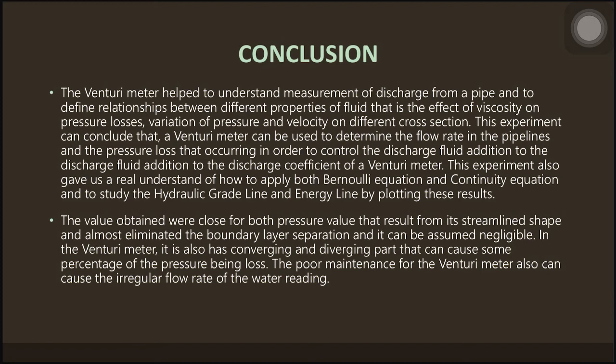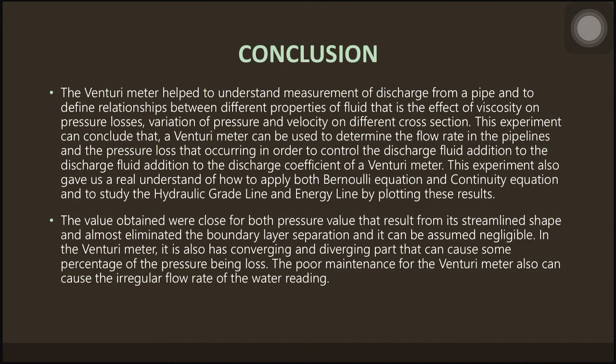For the conclusion of this experiment, we can conclude that the venturimeter helped us understand the measurement of discharge from a pipe and define the relationship between different properties of fluid, that is, the effect of viscosity on pressure loss, and the variation of pressure and velocity on different cross-sections.